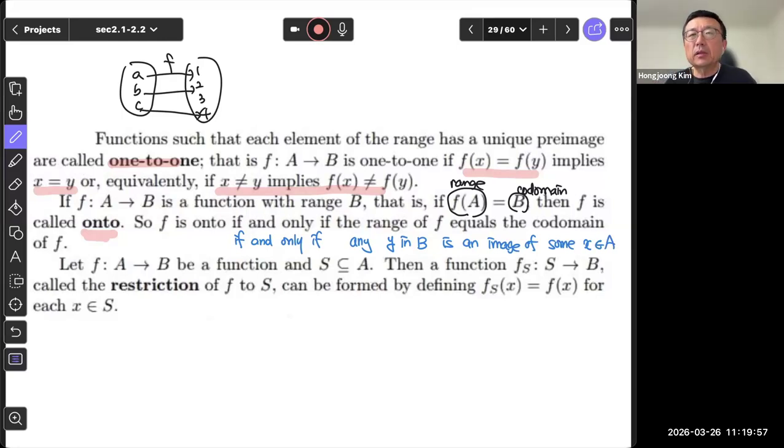There may be multiple vectors in A whose images are all y, right? That may happen, but anyway, as long as f of A equals B, in other words, the range and codomain are equal, then the mapping will be called onto.